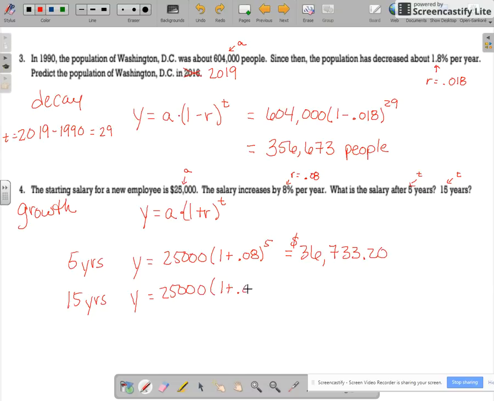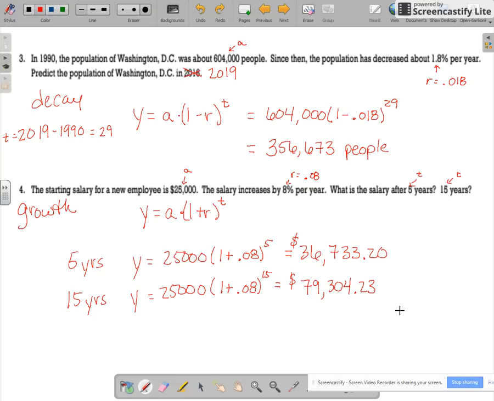Times (1 plus our rate of 8%), now raised to the 15th. When we plug that into our calculator exactly as it is, we get $79,304.23. So that's how much this new employee would be making after 15 years at the company.